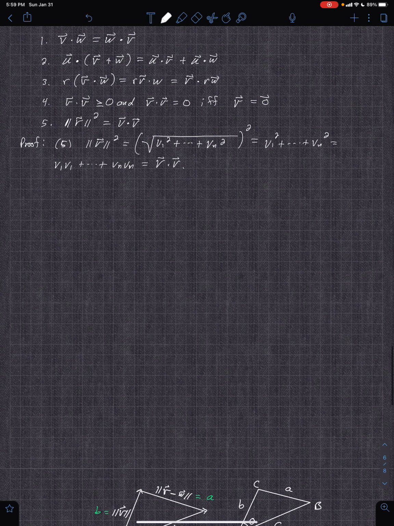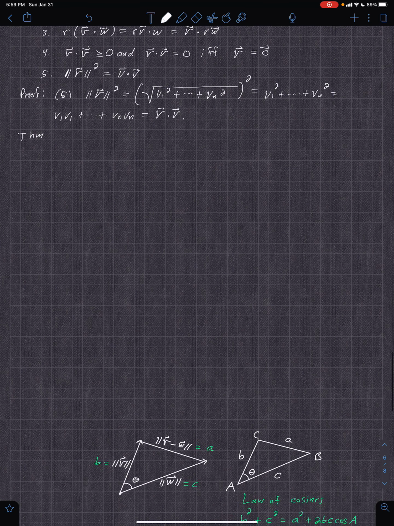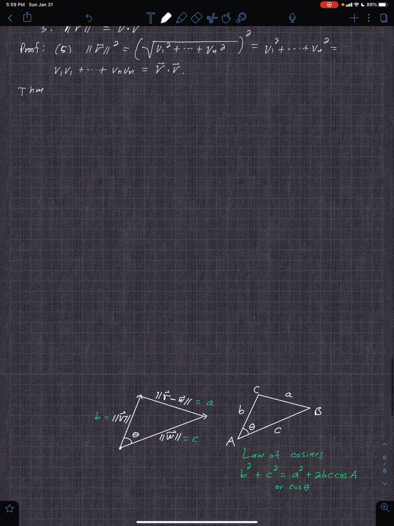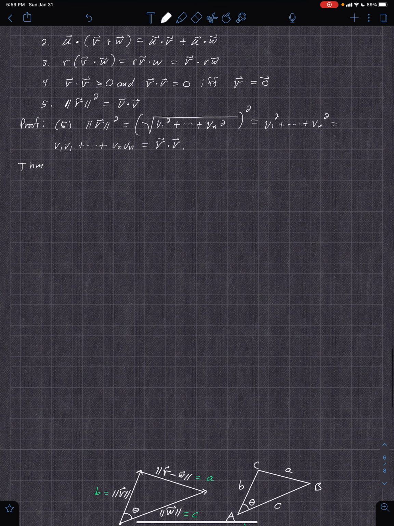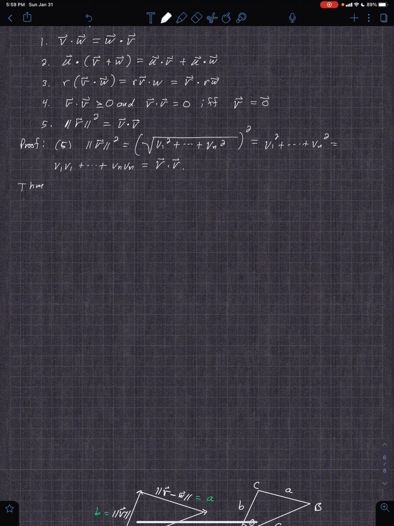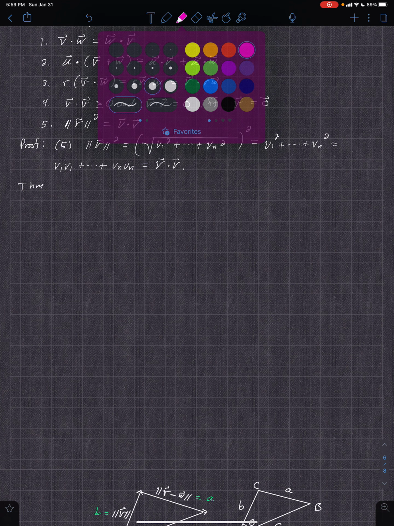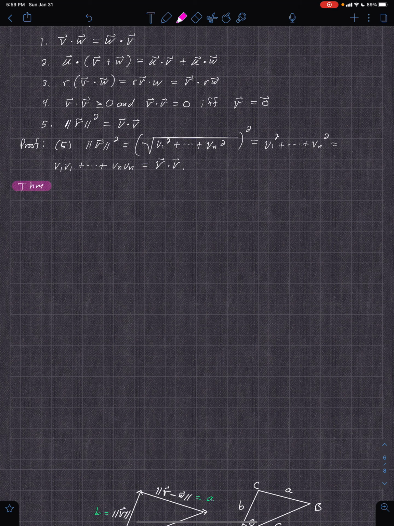And then we have another theorem that uses the triangles below. I'll bring that up in a second. I don't know exactly which theorem number it is in the book, so it doesn't really matter. This one is the angle between two vectors.